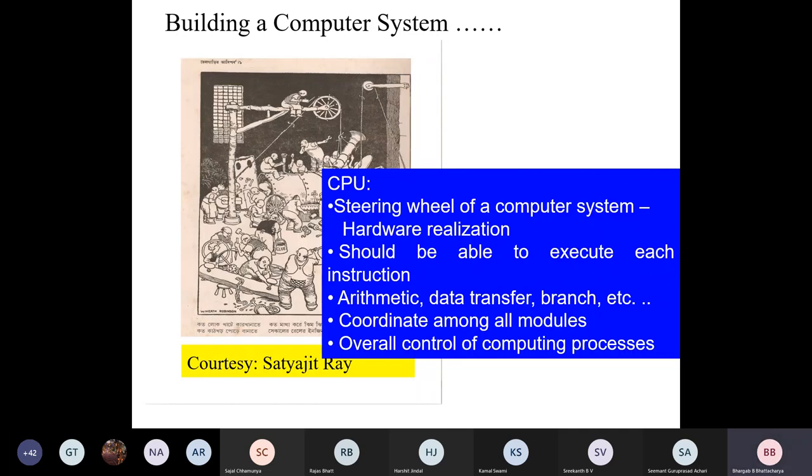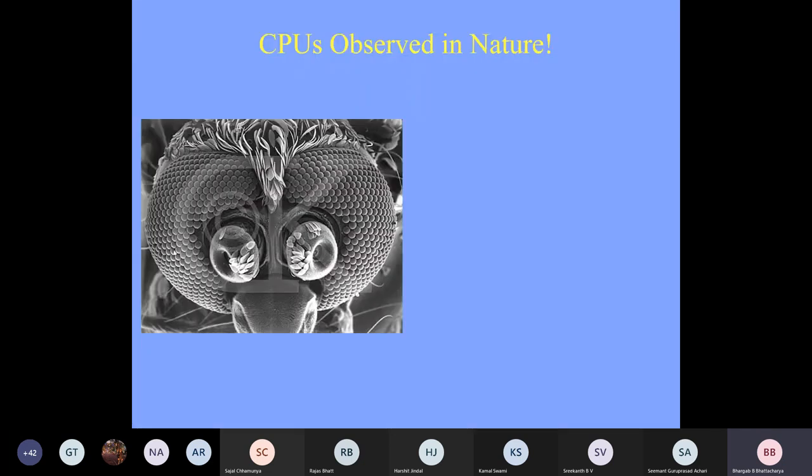So let us look into some instances from nature. On the left, you see a picture. What could it be? As you can see, there are multiple small, spherical units.